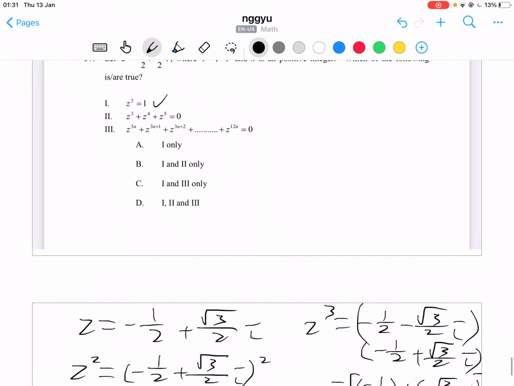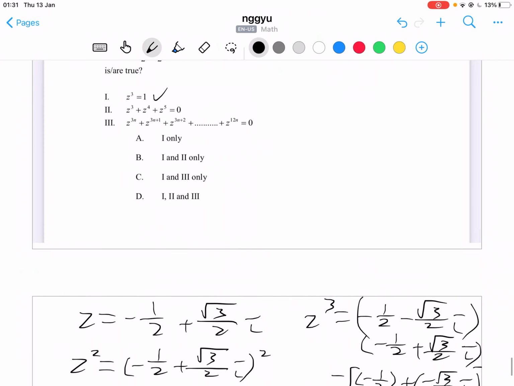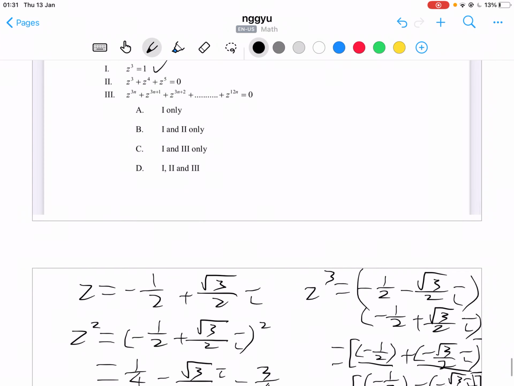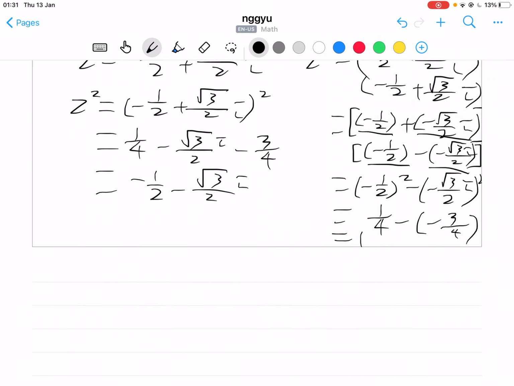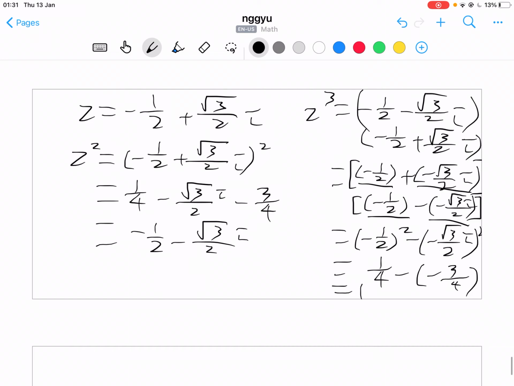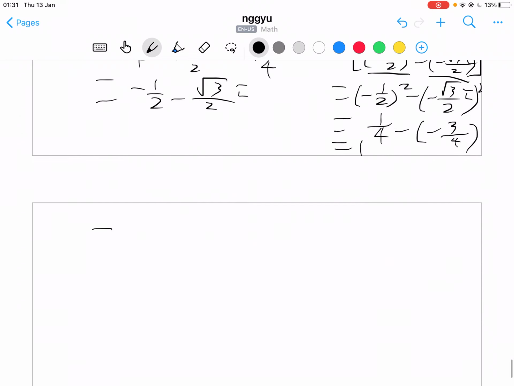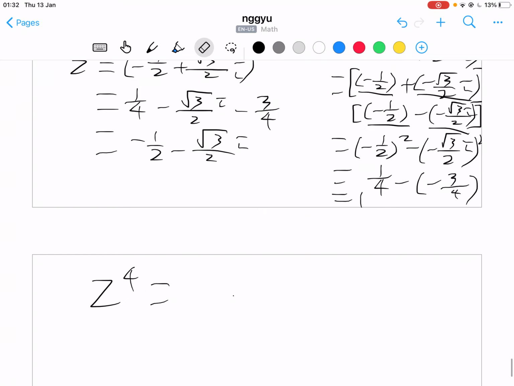Number 2, z cubed plus z to the power 4 plus z to the power 5 is equal to 0. It is good that I didn't erase the values of z and z squared, because z to the power 4 is equal to z cubed times z, and z cubed here is 1, so this is omitted. z to the power 4 is just z.